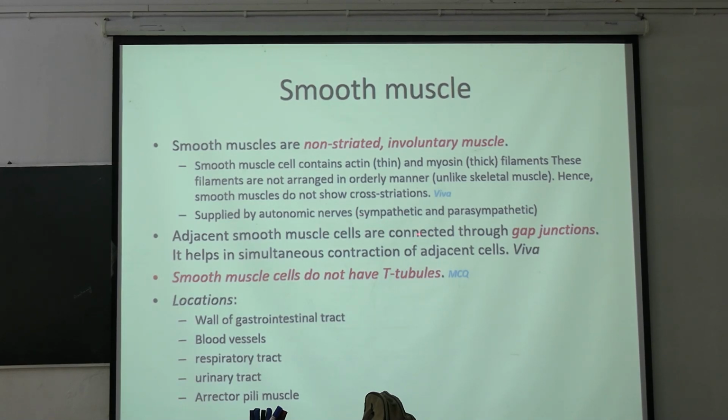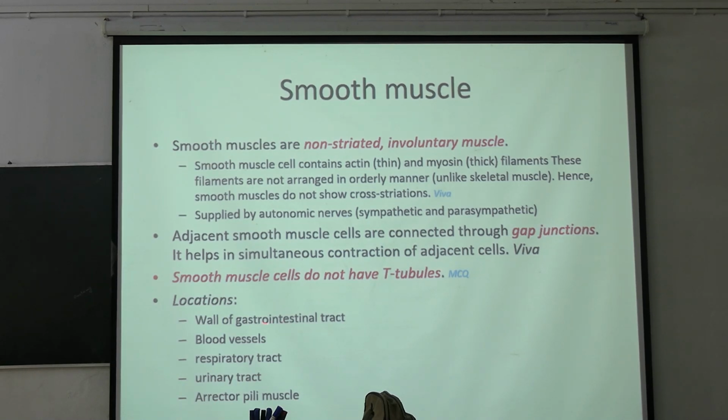Adjacent smooth muscle cells are connected with gap junctions. It helps in simultaneous contraction of adjacent cells. Viva: smooth muscle cells do not have T tubules. MCQ: this is the answer, smooth muscle cells do not have T tubules. Location: wall of gastrointestinal tract, blood vessels, respiratory tract, urinary tract, erector pili muscle.